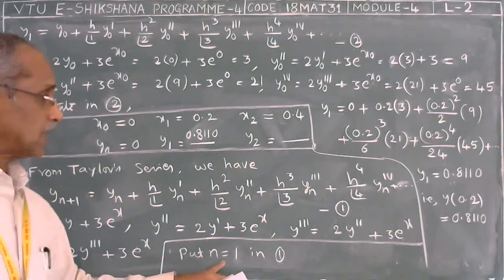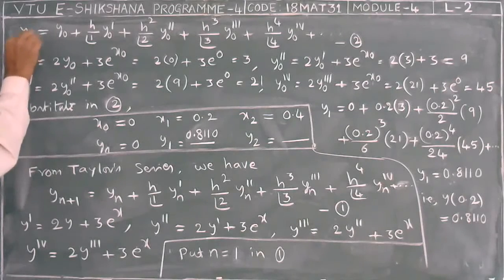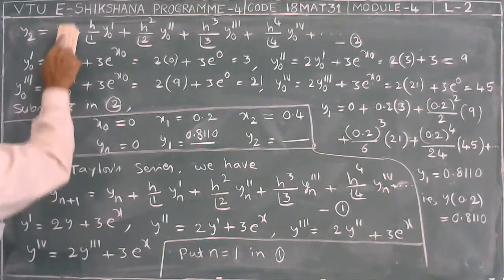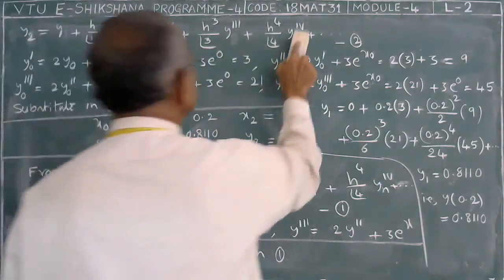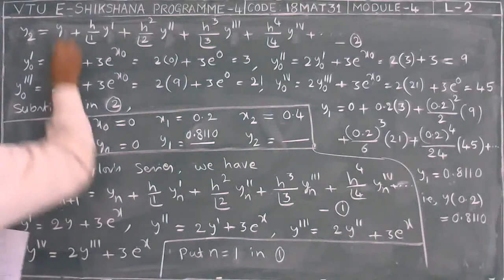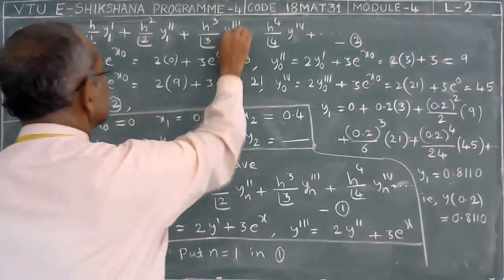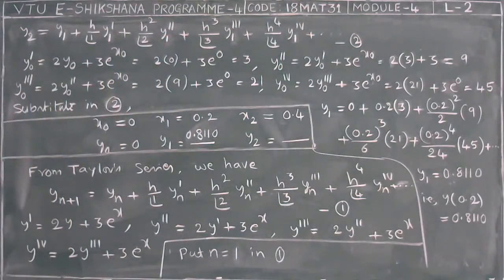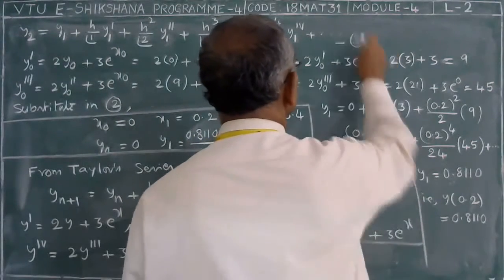Then you get y2 is equal to y1 dash, y1 double dash, etc. So I change here only y1 dash, y1 double dash, y1 triple dash, y1 4. Okay. So let me call this equation as 3.